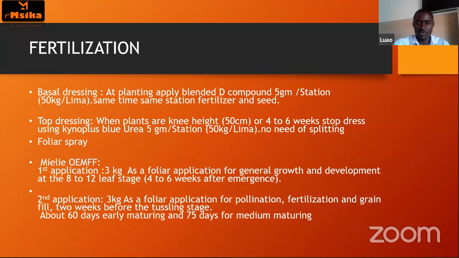This is done 2 weeks before tasseling stage. Tasseling stage is usually about 2 months, which is about 60 days for early maturing plants. And for medium to late, it's about 75 to 85 days. So you can apply just before tasseling.